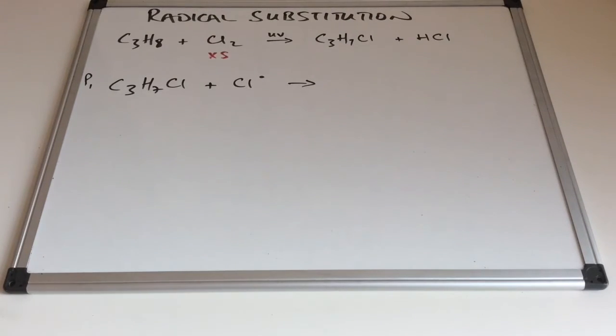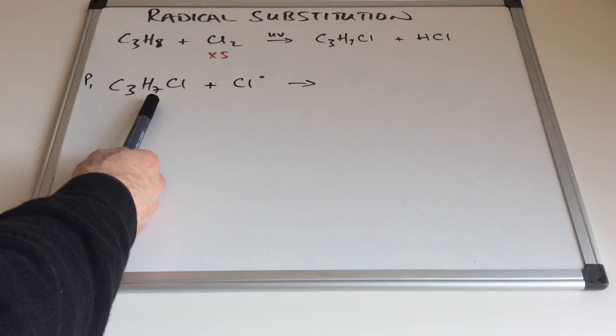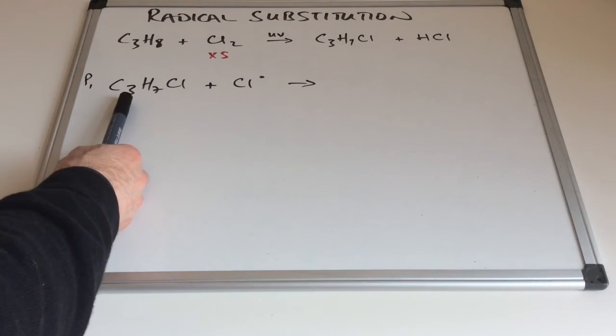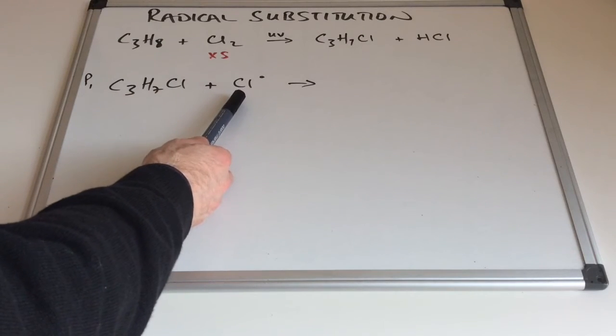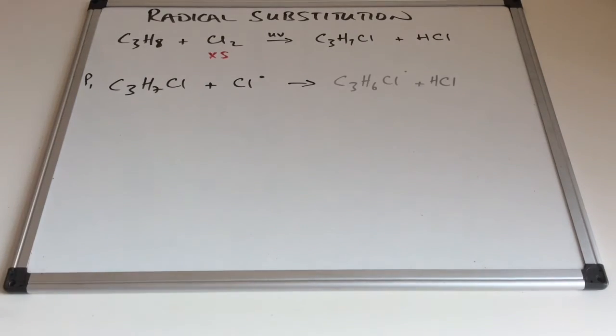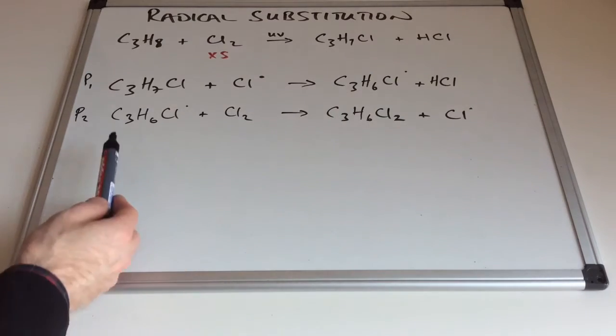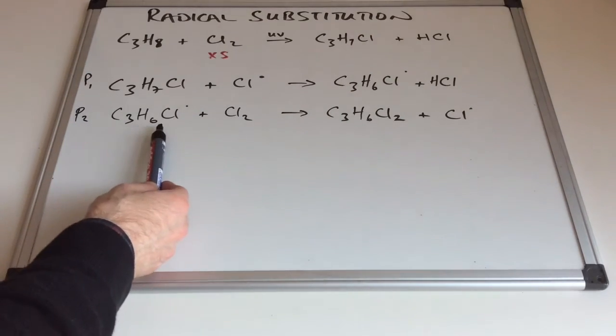The problem arises when you've got your halogen in excess. So as soon as you've made your mono-substituted product, the chloropropane, another chlorine radical can come along and take out another hydrogen. And that would give this first propagation reaction, and then the radical that's been formed in this first propagation reaction can feed in to the second propagation step.